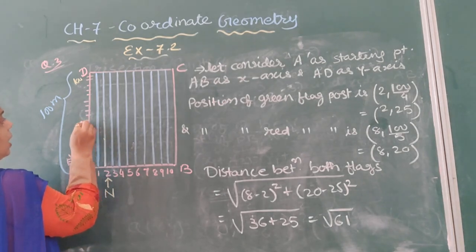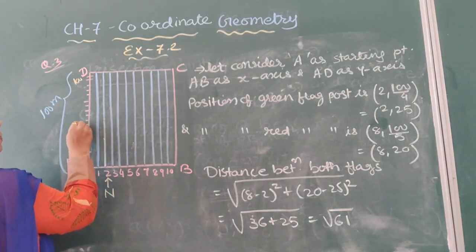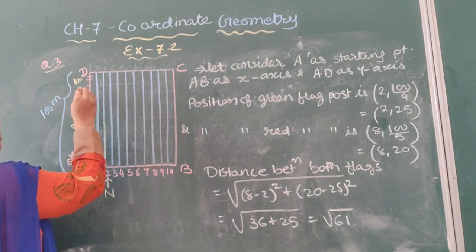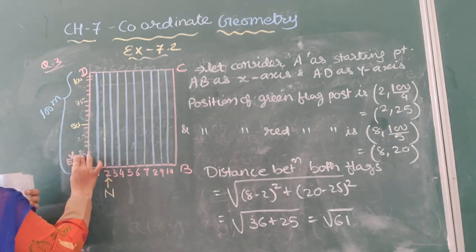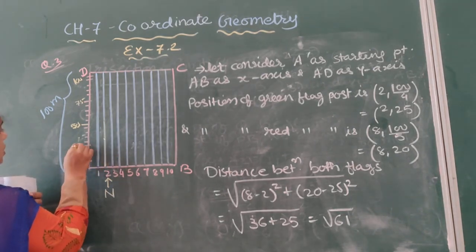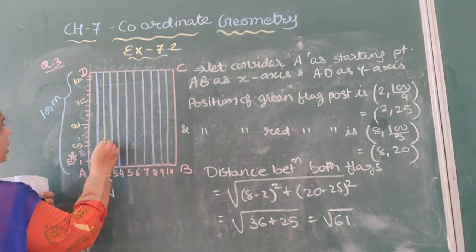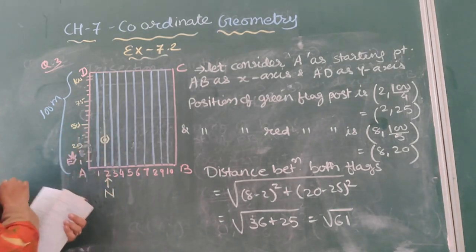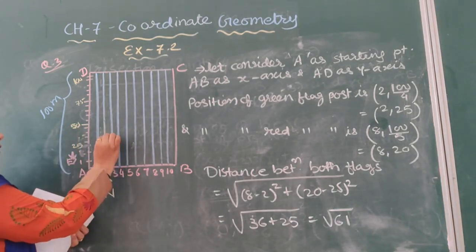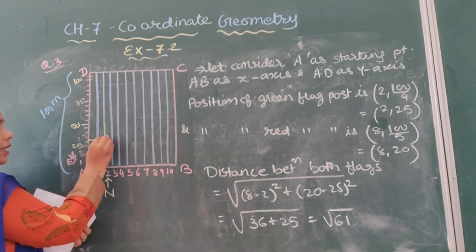Suppose half is here, it is 50, then 75, and exactly 1/4 is 25. So we can say somewhere here is Niharika. This is the second line and it is at 25.